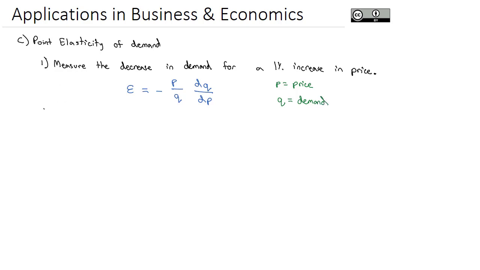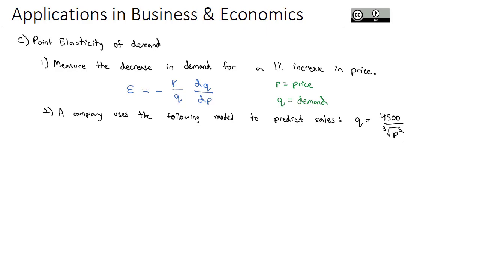So let's say that a company uses the following model to predict sales based on the price. We say that Q, the demand, is equal to 4,500 divided by the third root of P squared, where Q is the demand and P is the price.